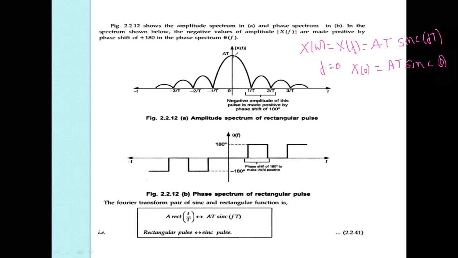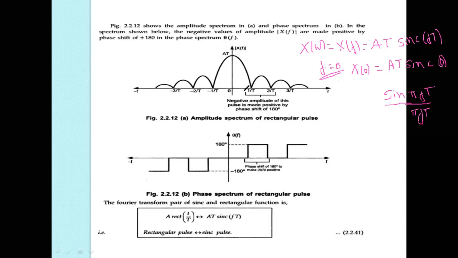Sinc 0 means the value is a maximum peak at f equal to 0. Sinc is nothing but sin(πft) by πft, and at f equal to 0, sin 0 by 0 is undefined, sin 0 being 0 and the denominator 0. But in another way, when f is equal to 0, we get the maximum peak. The amplitude is A t.